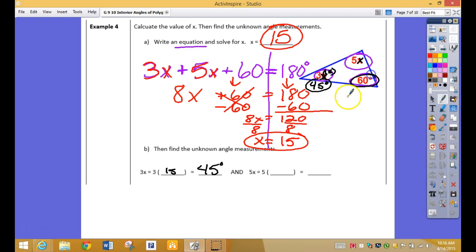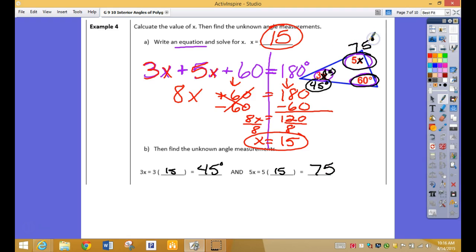We know this one's 60 degrees, nothing to do there. What's 5 times 15? Oh, my bad. 75, right?